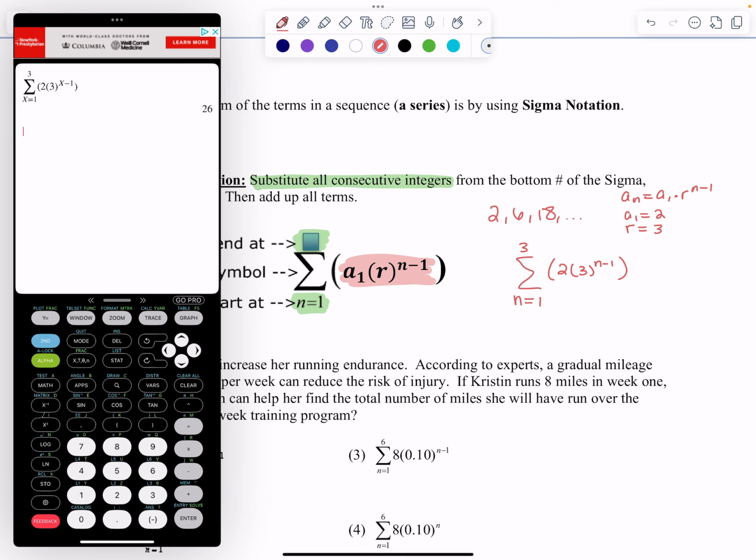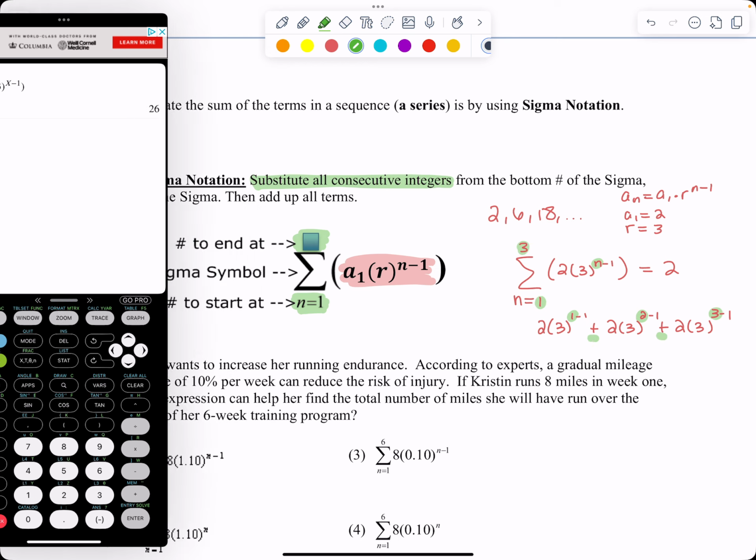And it does it for you all at once. So it's like plugging in the 1, right? Then it's adding to that a plug-in of the 2, and then it's adding to that the plug-in of the 3. So this is ultimately what your calculator is doing. It's plugging in the 1, then the 2, then the 3, and then adding them all up.